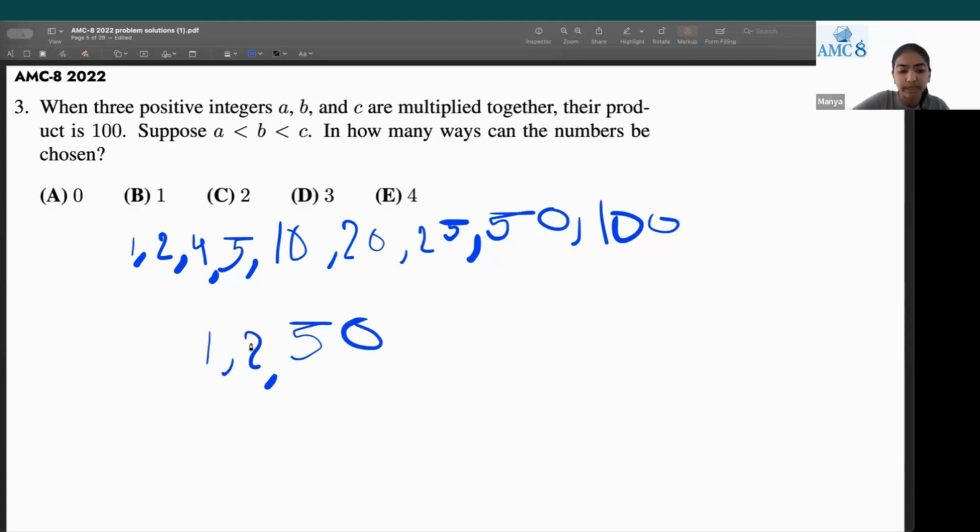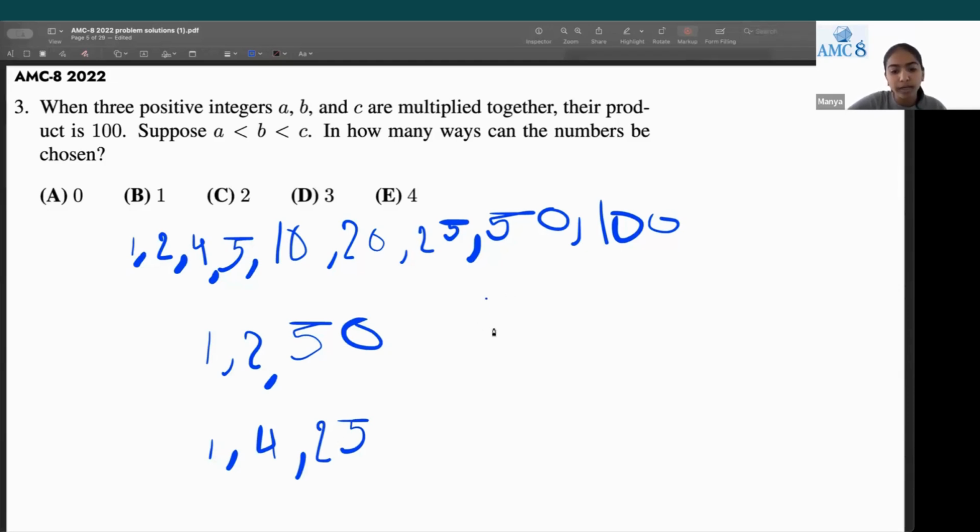Well, A is less than B and B is less than C, and all of these have to make up 100. 1 times 2 is 2, and 2 times 50 is 100. So this can work. How about 1, 4, 25? Can this work? Yes, because 1 is less than 4 and 4 is less than 25. So it's going to be 4 times 25, which is equal to 100.